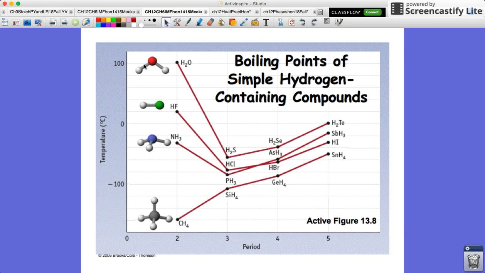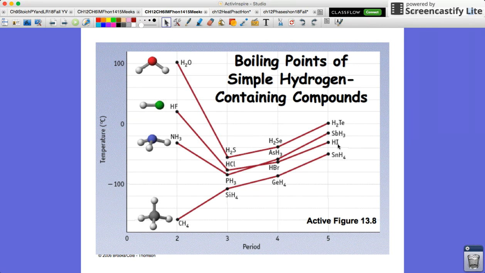And these three have relatively high boiling points compared to other molecules of comparable size. For example, methane, which has hydrogen bonded to carbon, so not hydrogen bonding, has a boiling point almost 160 degrees below water's. Then you can see that as the molecules get larger and become less polar and they don't have hydrogen bonding, it goes down initially, but then it starts to increase as the molar mass increases.